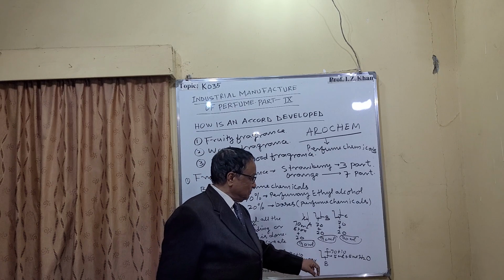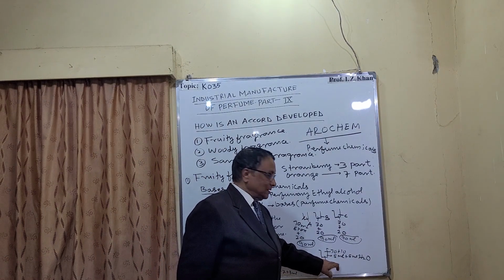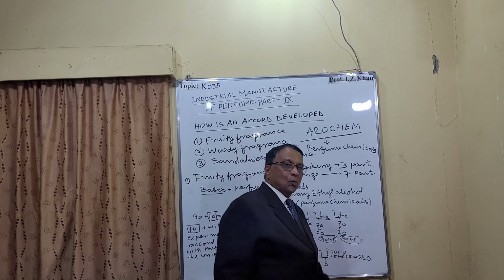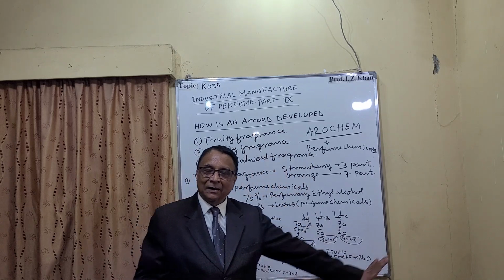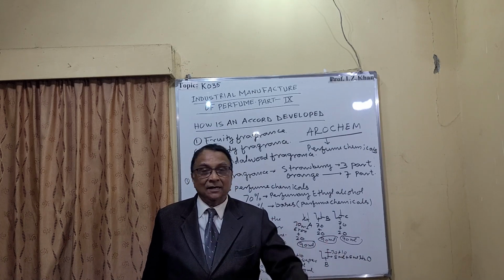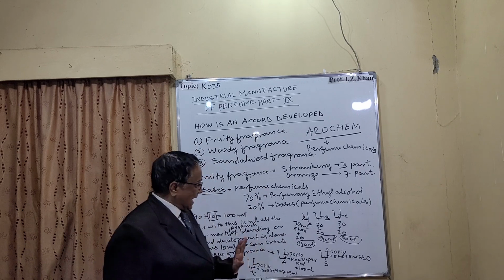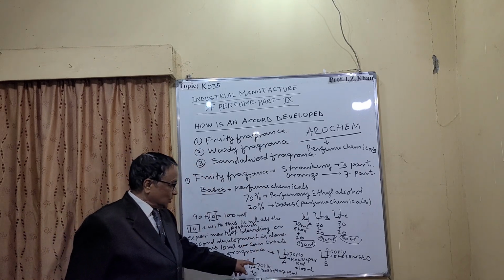In other case B, you can put 5 ml iso E super and then 5 ml water and put for 1 week or 10 days. Then you go on checking that. At least after 1 week you check whether unique smell is coming or not. And then in the case of C, you have 90.